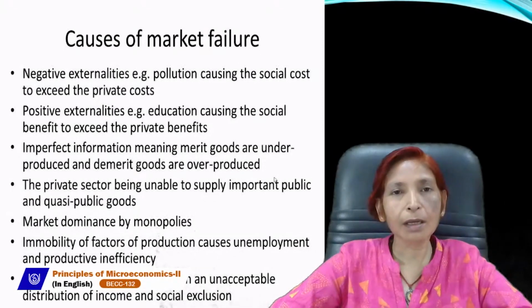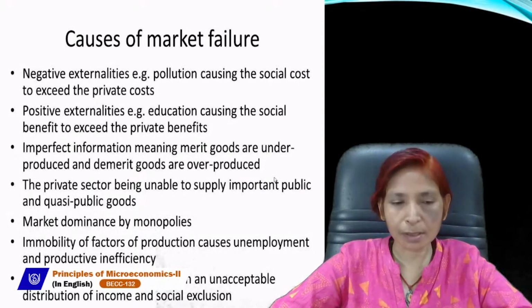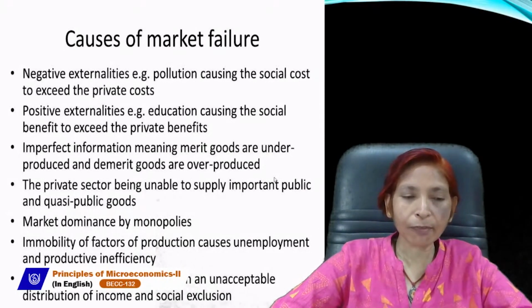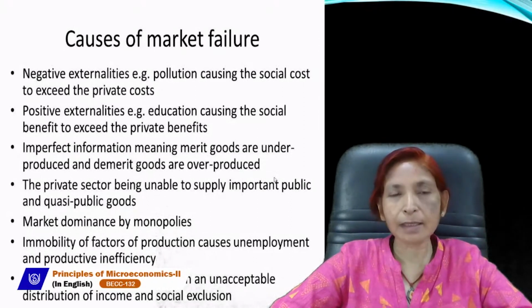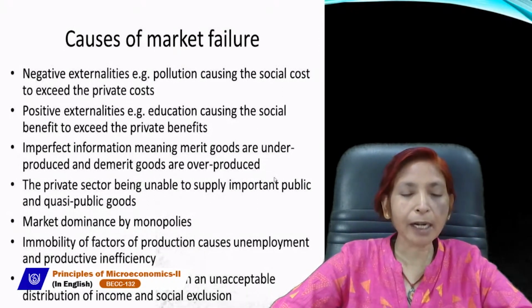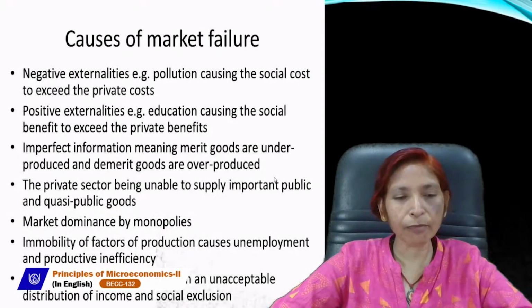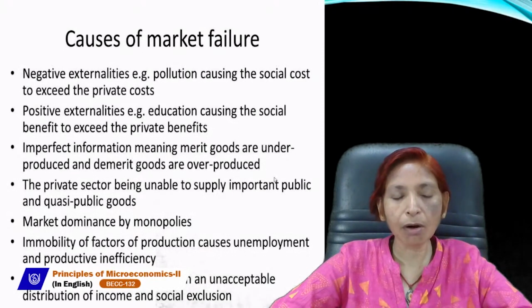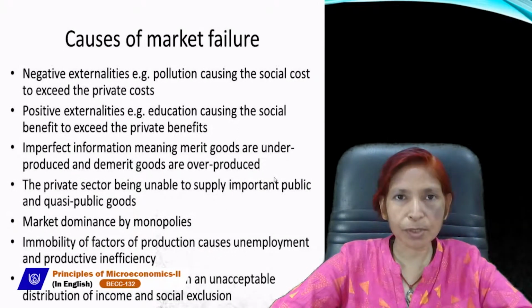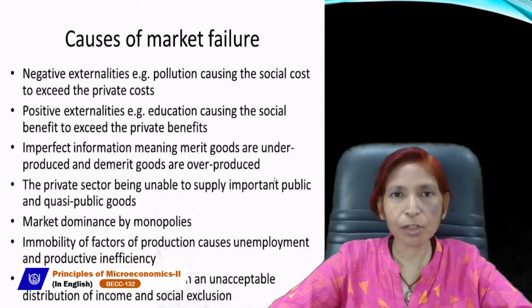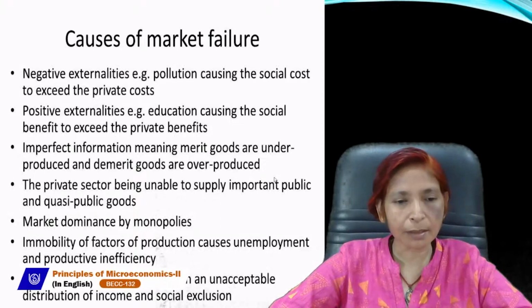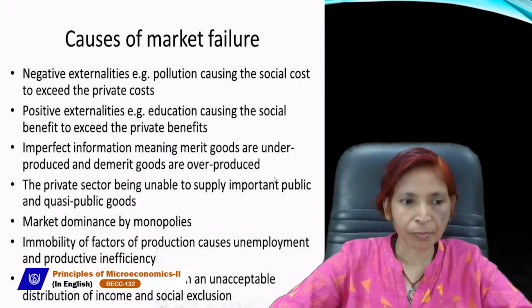In this case, consumer surplus falls. So if there is any dominance by monopolies in the market, then a deadweight loss situation occurs due to inefficient allocation of resources. And if resources are inefficiently allocated, then the market will be called a failure market.